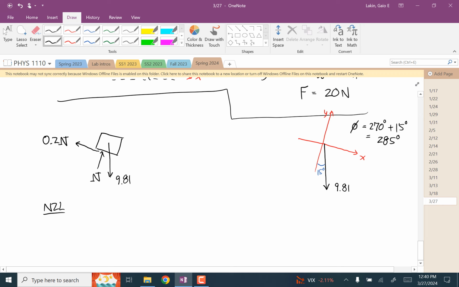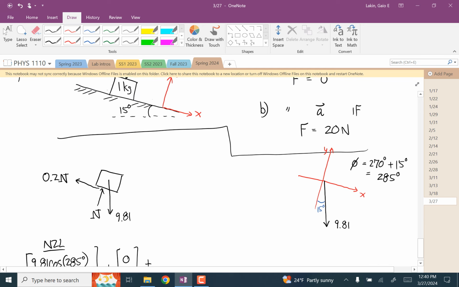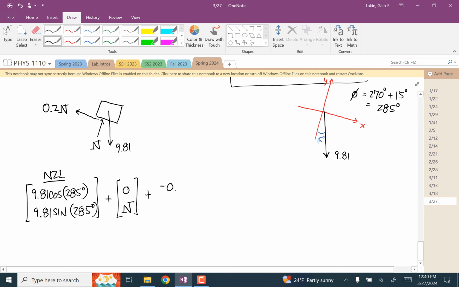Now Newton's second law says 9.81 times the cosine and sine of 285, plus 0, N, plus the friction force, which is in the negative x direction, so negative 0.2N, 0.